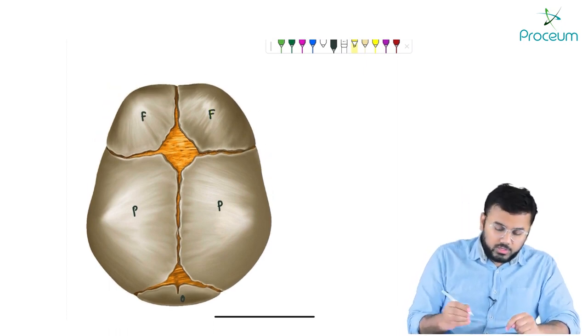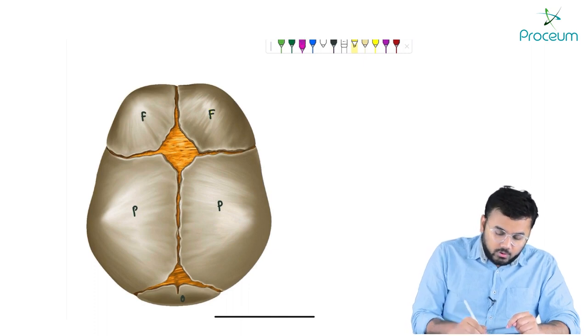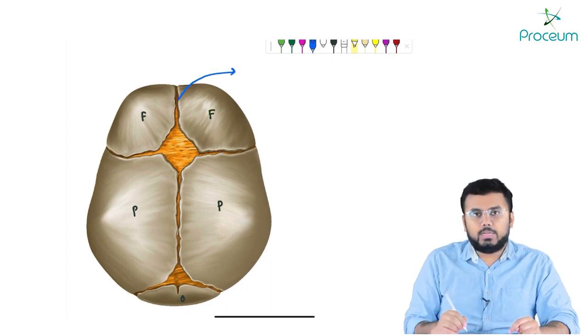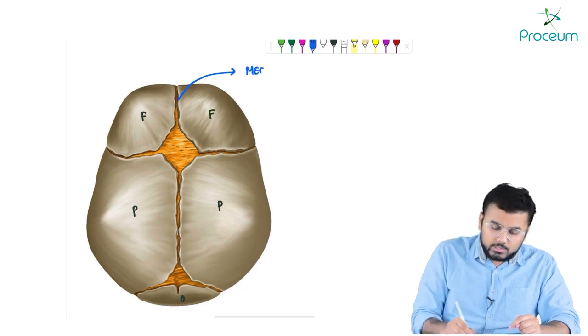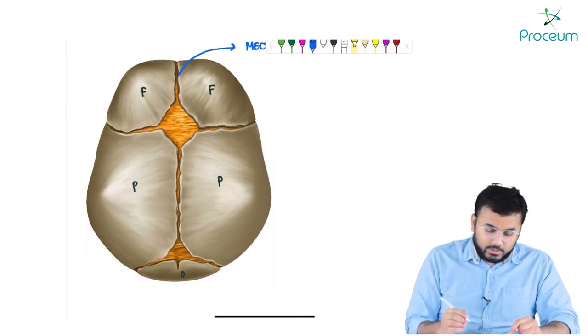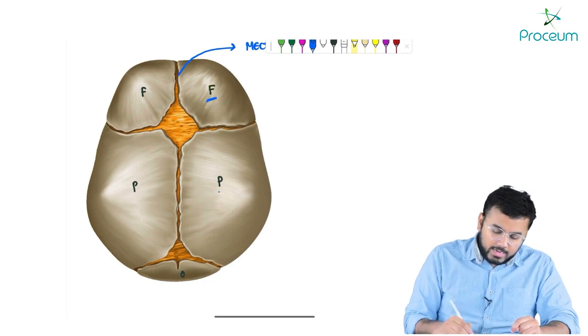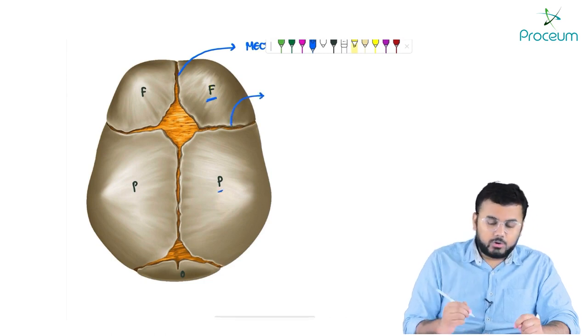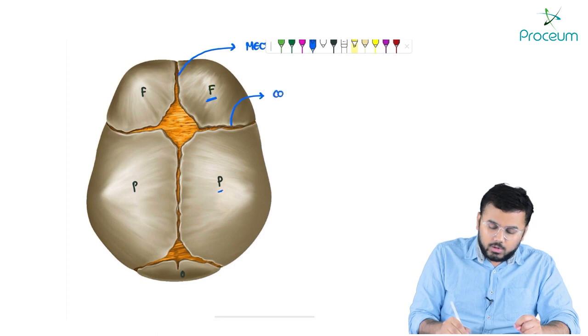Between the frontal bones, the suture you can appreciate over here is called the metopic suture. Next, between the frontal bone and the parietal bone, this suture is called the coronal suture.